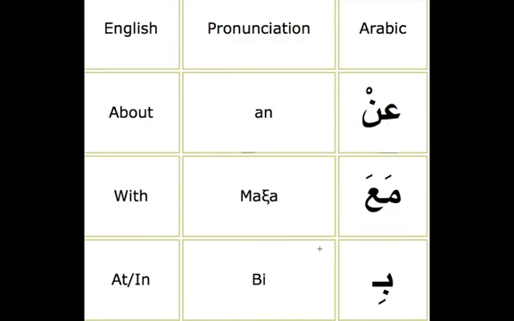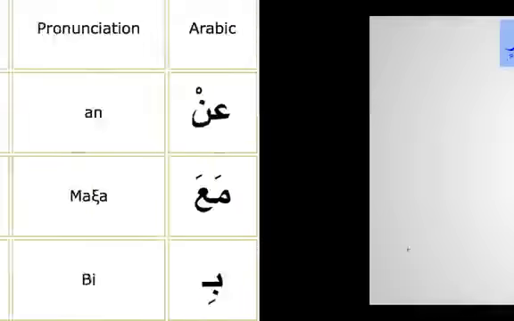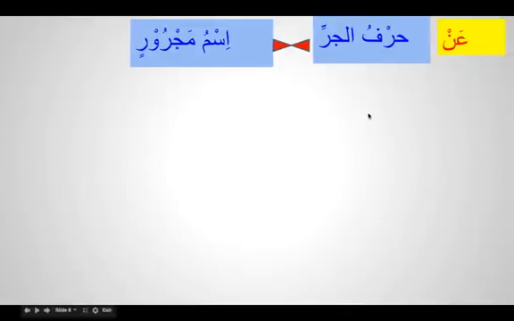So we're going to do some harf jar and attached pronouns. Today we'll be learning 3 more harf jar: an means about, ma'a means with, bi means in or at. Let's see how they become when the pronouns are attached.